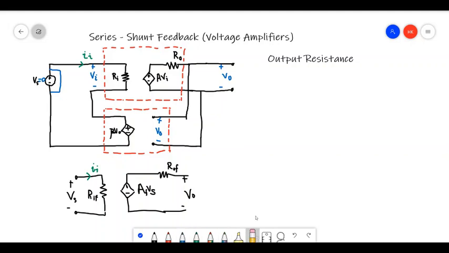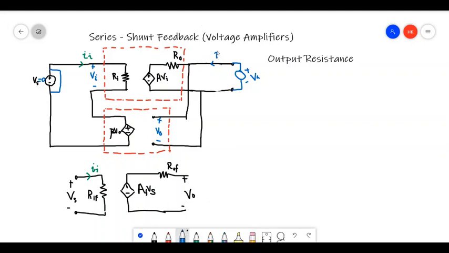And also what we do here is we are going to connect a voltage source at the output, whose voltage is Vx, and so it will give a current Ix, right?